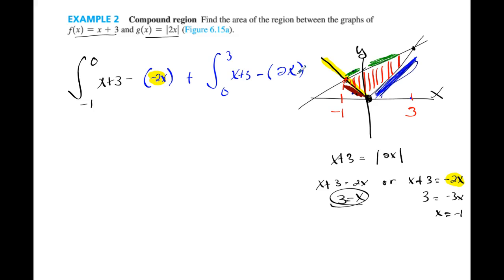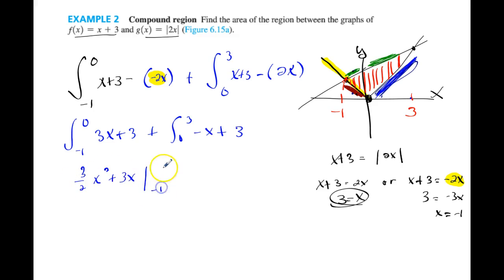So the hard part's over. The easy part then hopefully would be the number crunching. So combining like terms, integrating, and evaluating.